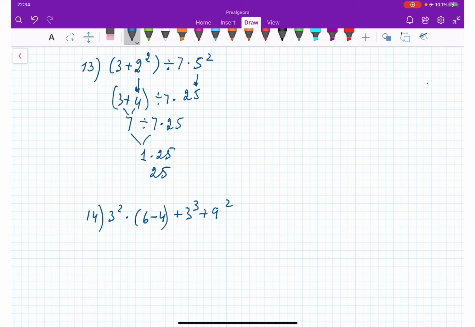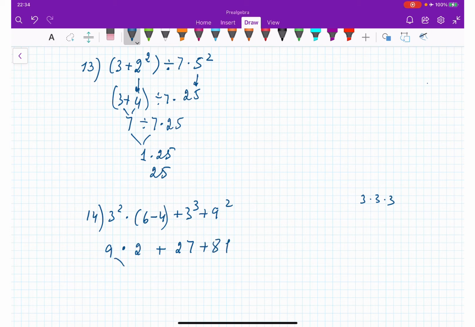So here it is, 3 squared is exponent, is 9, times 6 minus 4 is 2, right? And then plus 3 cubed, it's going to be 27. 3 times 3 times 3. 3 times 3 is 9. 9 times 3 is 27. And plus 9 squared is 81.